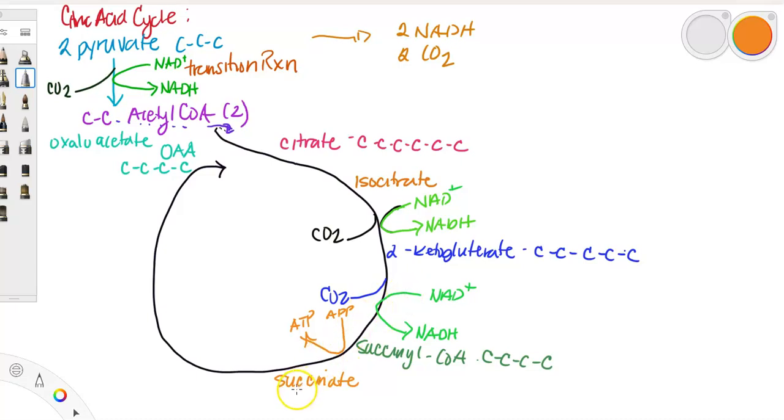All right. The succinate then converts to a molecule called fumarate, because we're still 4-carbon here. And in that, we get an FADH2.